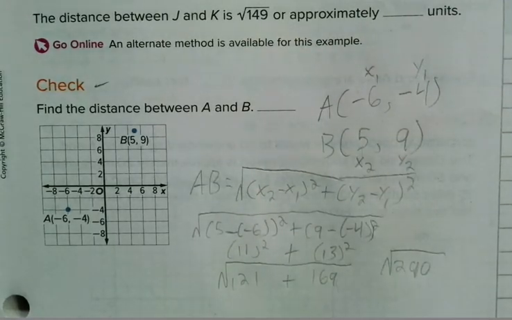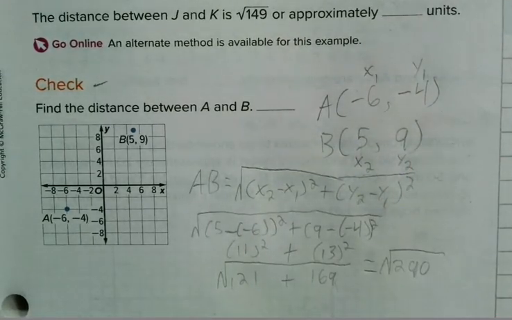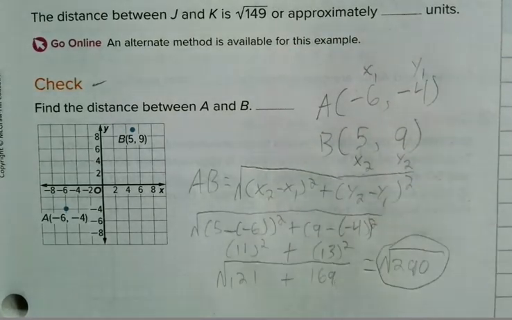Again, there's the square root over all of it, and we just keep it there. And so that's our most accurate answer, the square root of 290. You could simplify that, I guess, or make an estimate with a decimal, but that would be the most accurate answer. Okay? So, what questions do you have about how we use the distance formula, or what we did here?